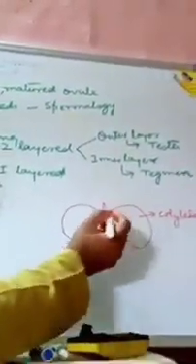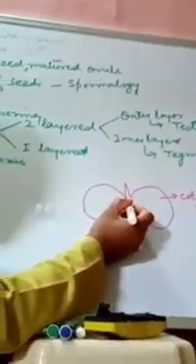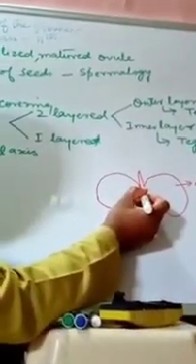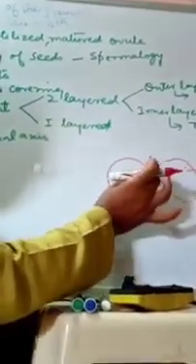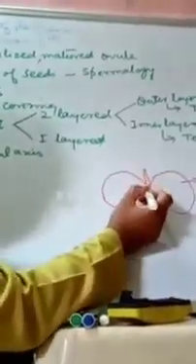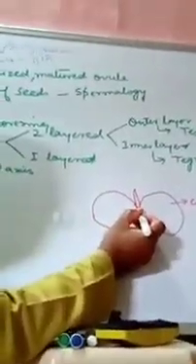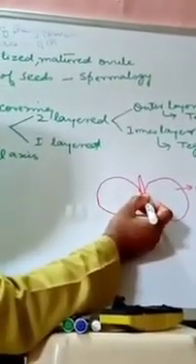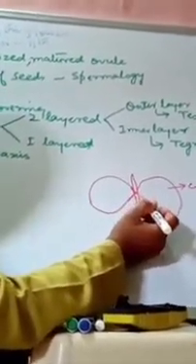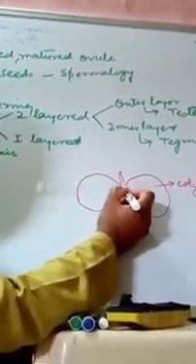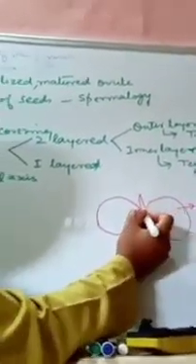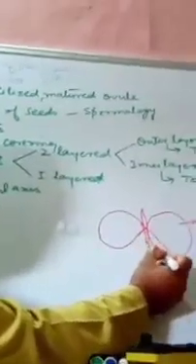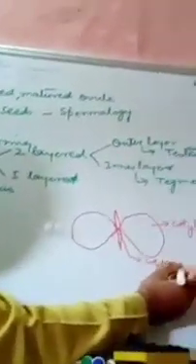The point at which these cotyledons meet with this axis is called the cotyledonary node.